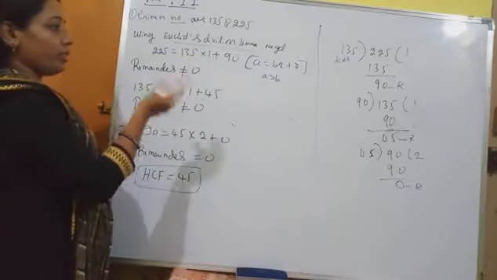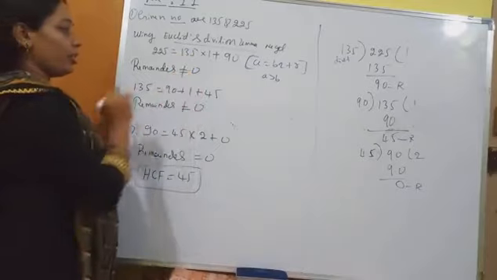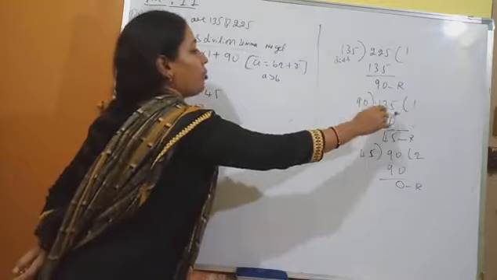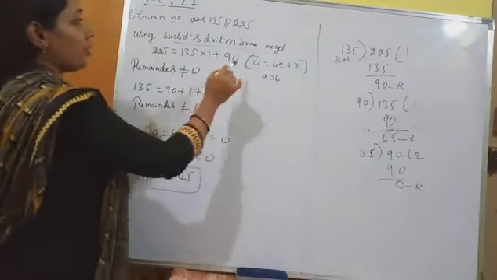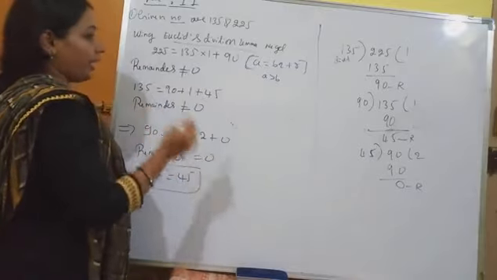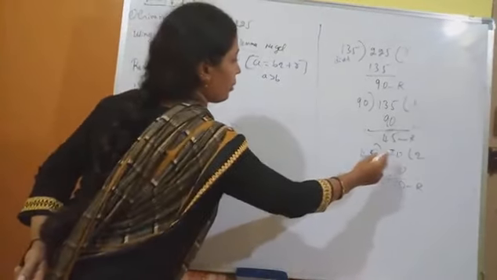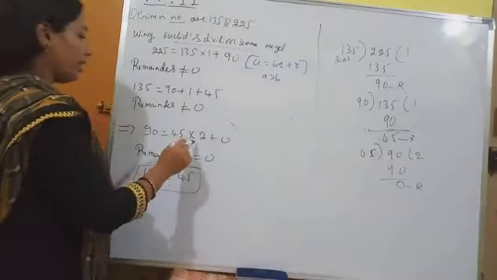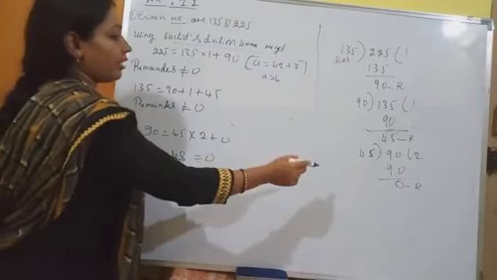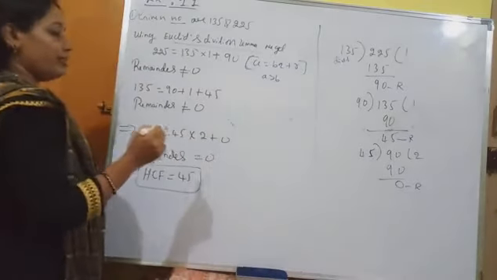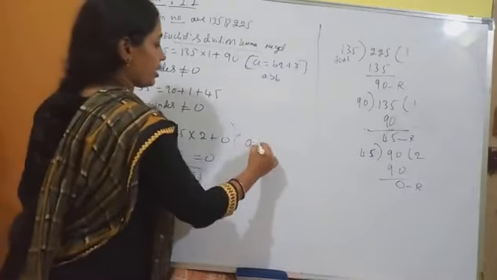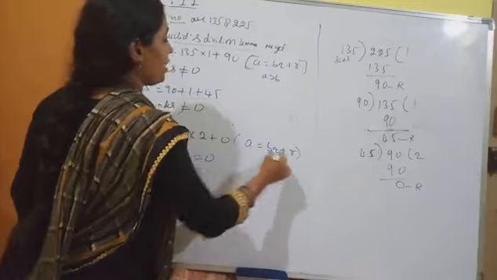The remainder is not equal to 0, so again 135 can be expressed as 90 into 1 plus 45. Next, 90 can be written as 45 into 2 plus 0, and the remainder is 0. This is also A is equal to BQ plus R.